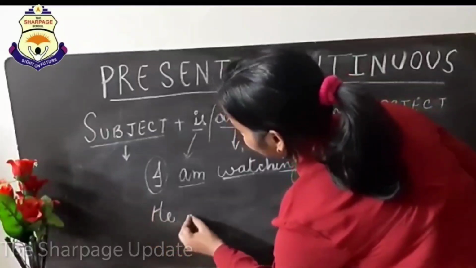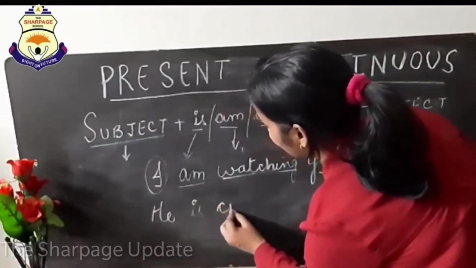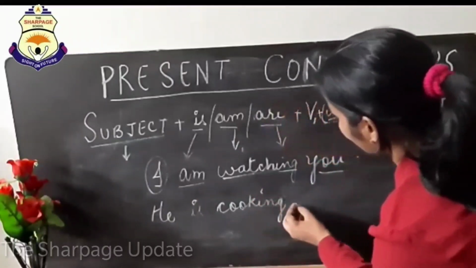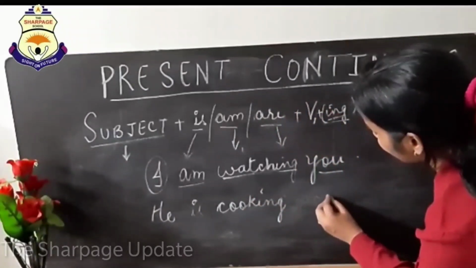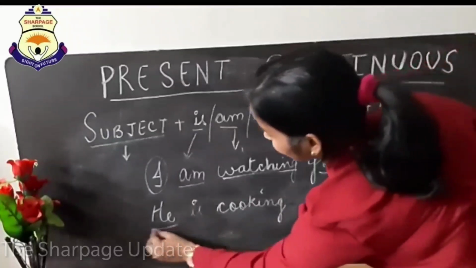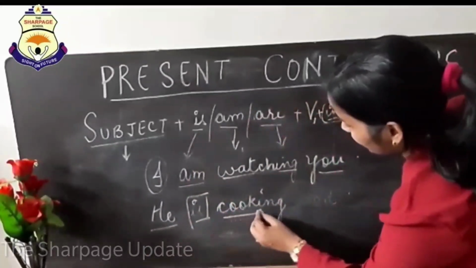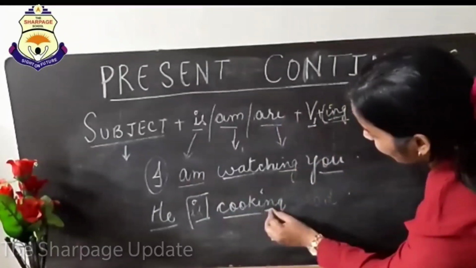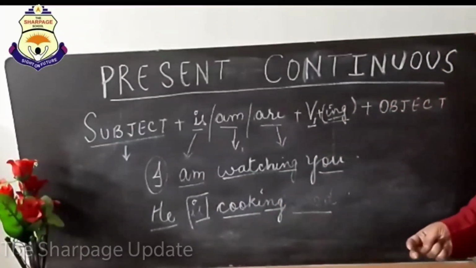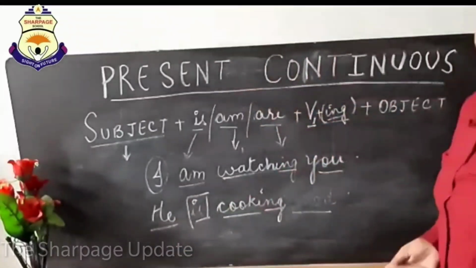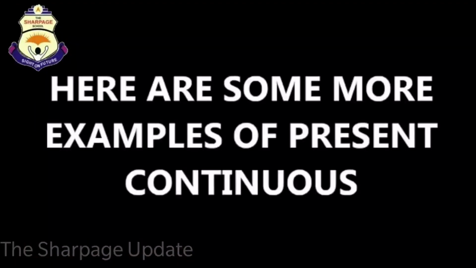He is cooking food. So with he we have to take is, and then the first form of the verb, and we have to add ing again, and this is the object. So what will be there? He is cooking food. Let's see some more examples of present continuous.